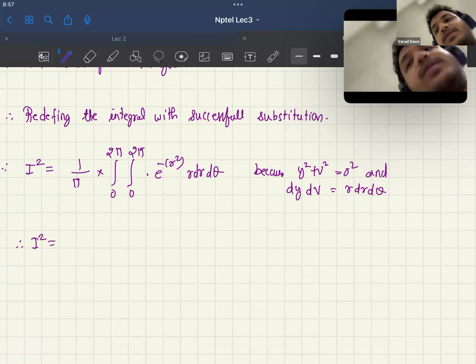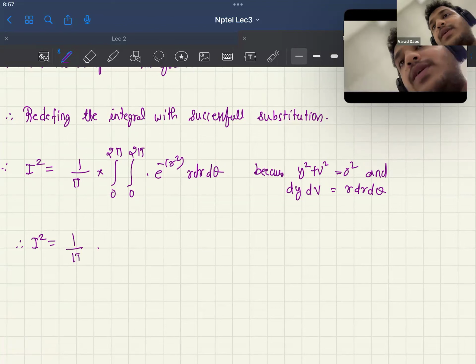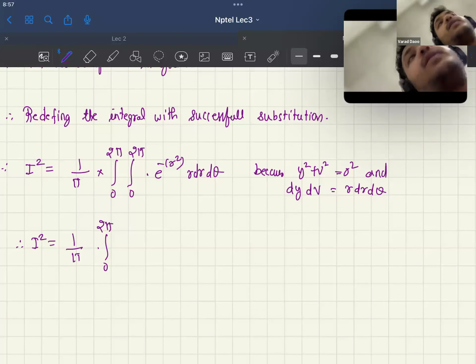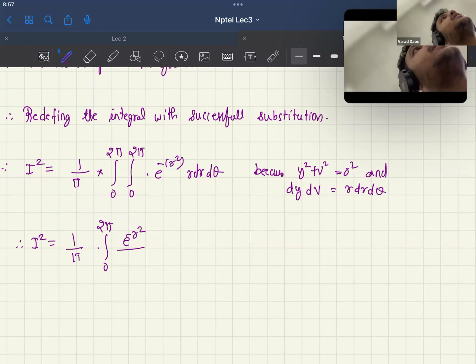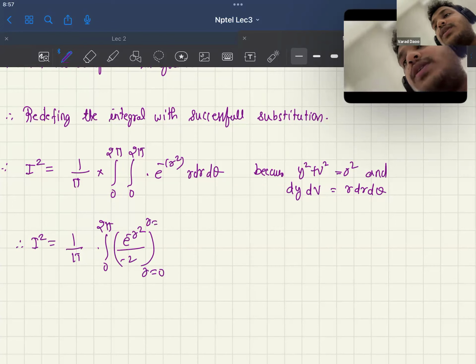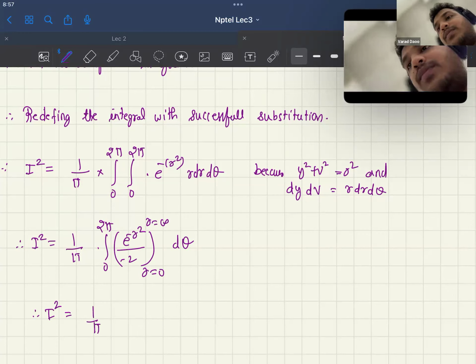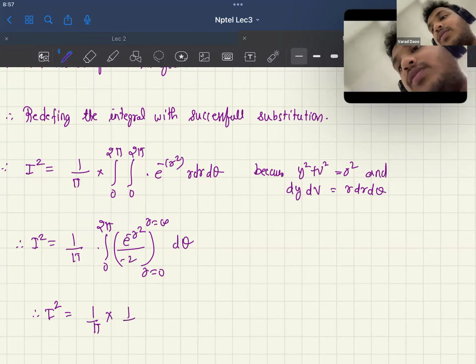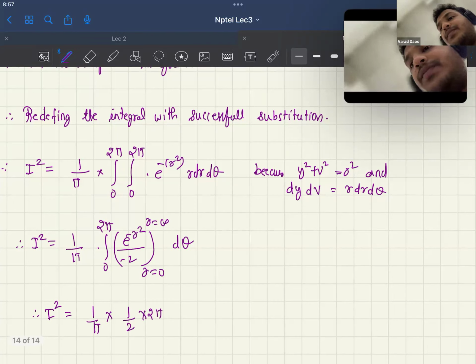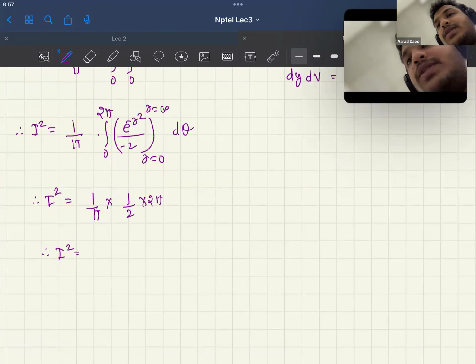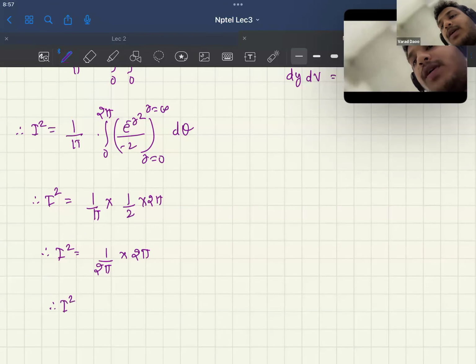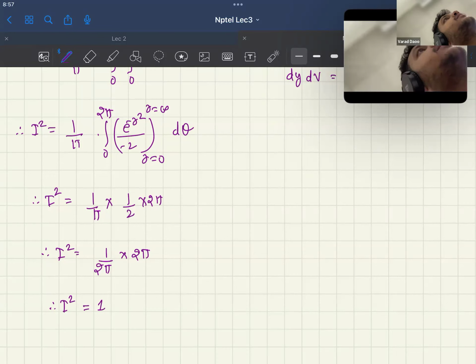Therefore, I square becomes what? 1 by pi into integral 0 to 2 pi e to the power minus r square divided by minus 2, from r is equal to 0 to r is equal to infinity, d theta. Therefore, I square becomes 1 by pi multiplied by 1 by 2 multiplied by 2 pi. Therefore, I square is 1. Right?